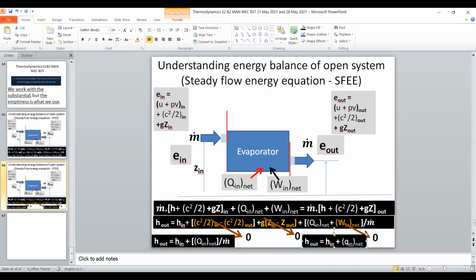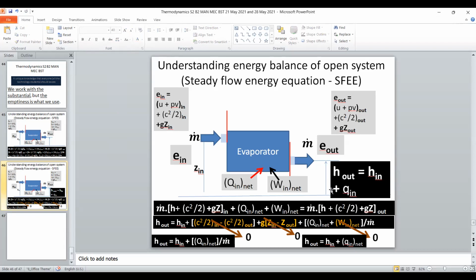And if I rewrite it again, even I take this net out, okay. This is the final expression. H out is H in plus Q in.